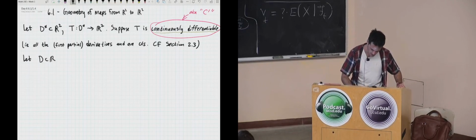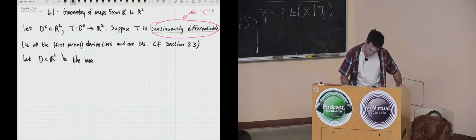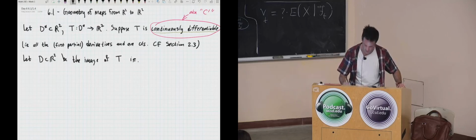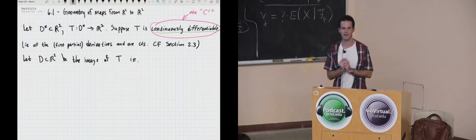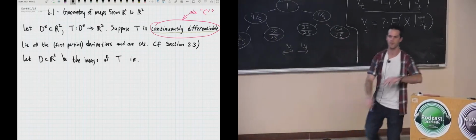Let D in R2 be the image of T. So what does that mean, to be the image? D is all the points in the plane that are hit by the function.